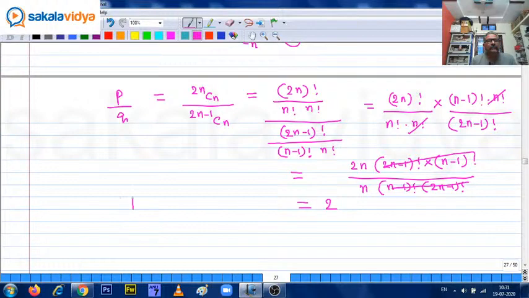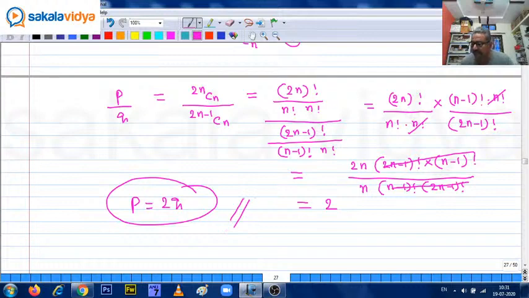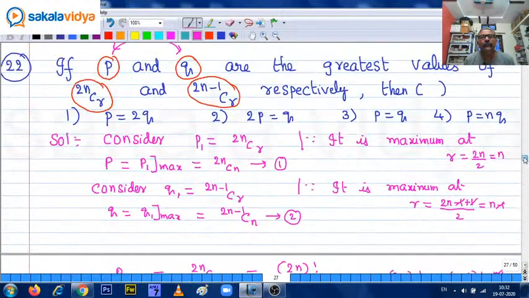So now, cross multiplication, P is equal to 2 times Q. This is the answer. Okay, next, yes, option 1.